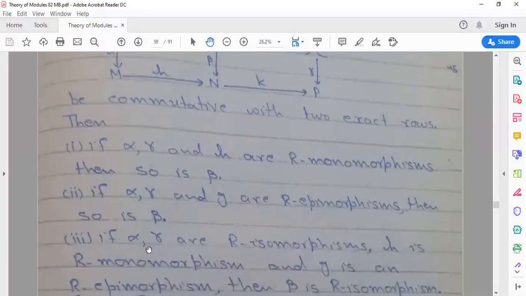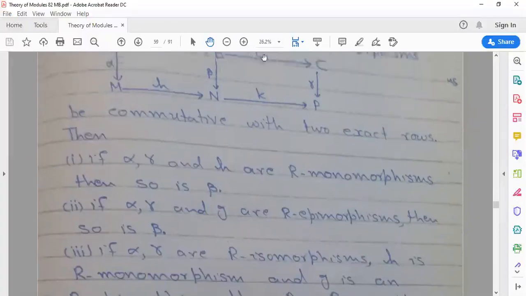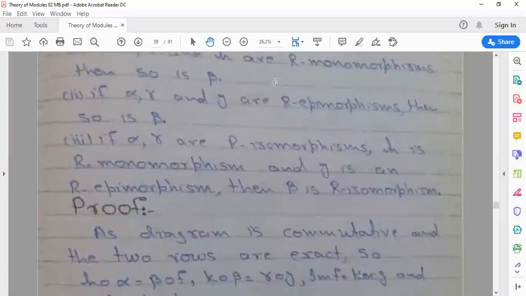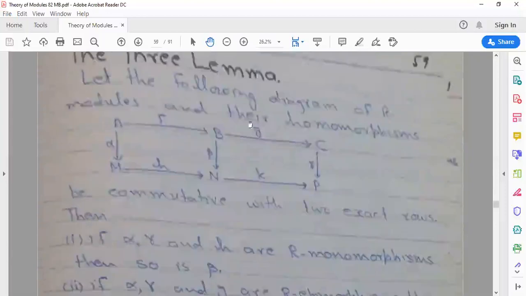The third part states that if alpha and gamma are isomorphisms, h is a monomorphism and g is an epimorphism, then beta is an isomorphism. So this proof is all about beta.